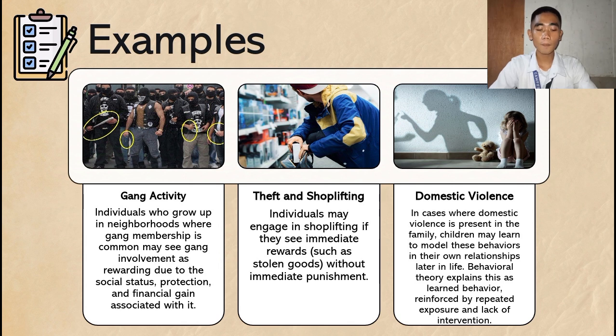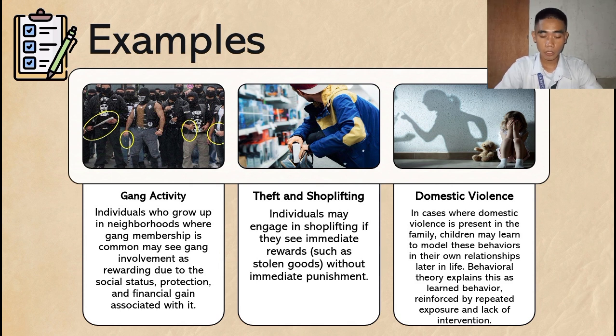The second example of behavioral theory is theft and shoplifting. Individuals may engage in shoplifting if they see immediate rewards such as stolen goods without immediate punishment. The third example of behavioral theory is domestic violence.